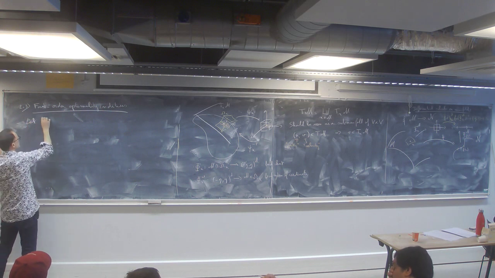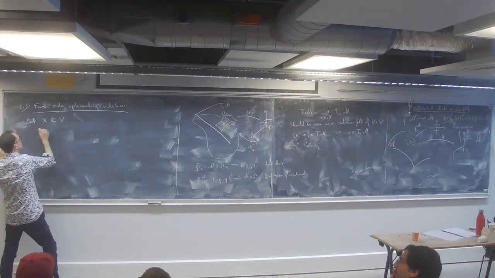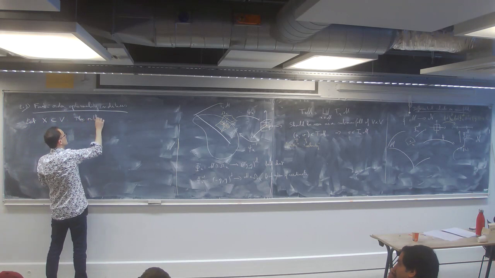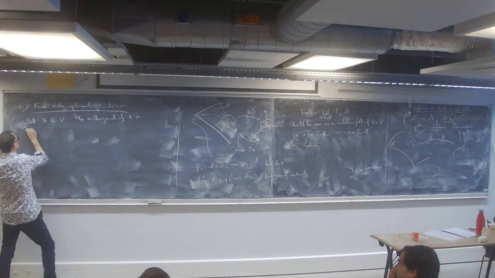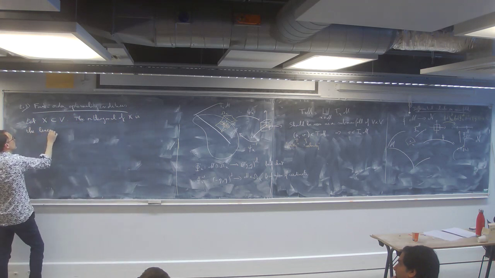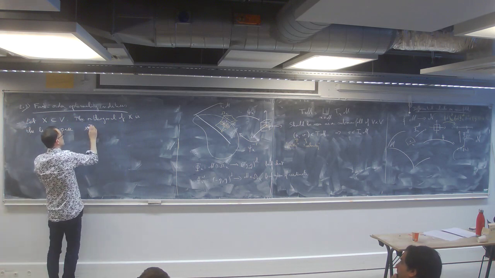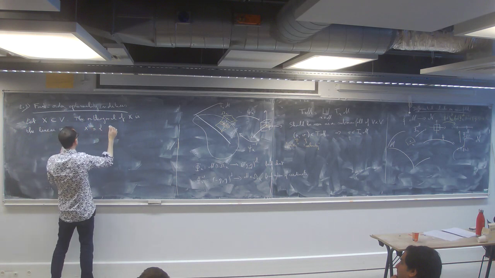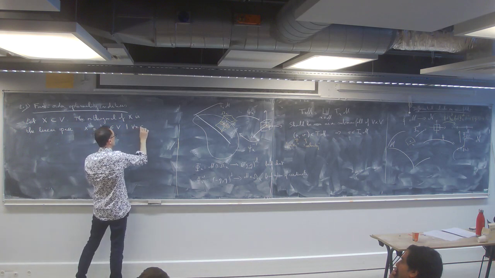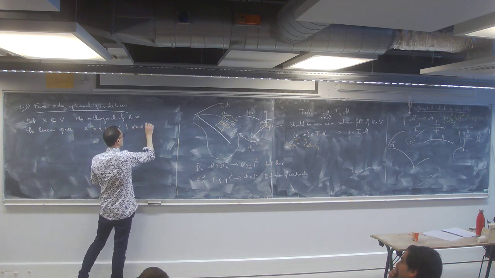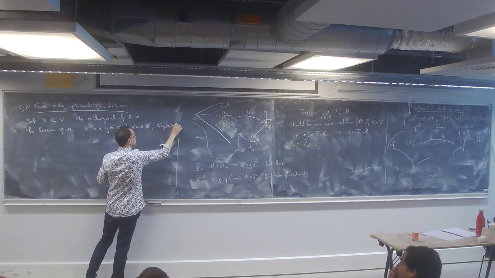So if X is a subset of V, the orthogonal of X is the linear space denoted by X orthogonal, which is the set of Y in V such that for all vectors x in X, the inner product of Y and x is equal to 0.